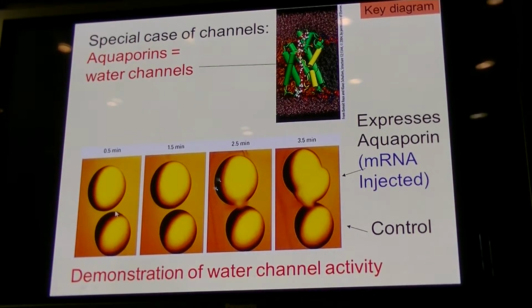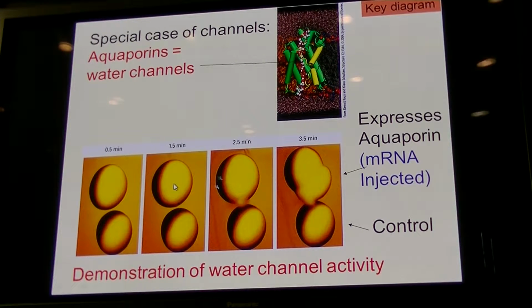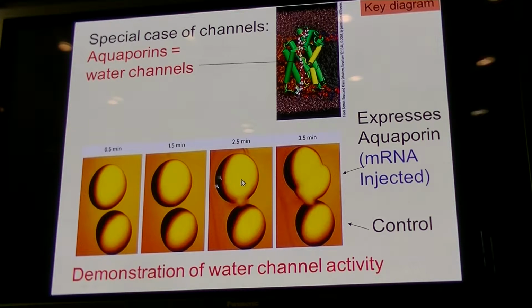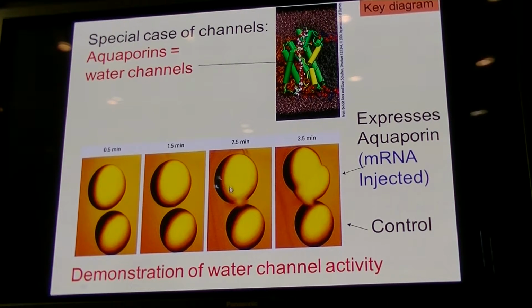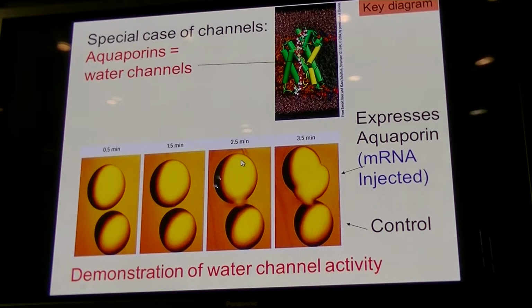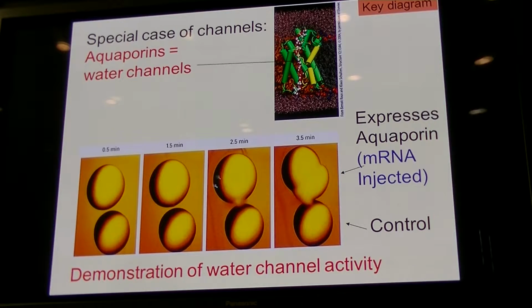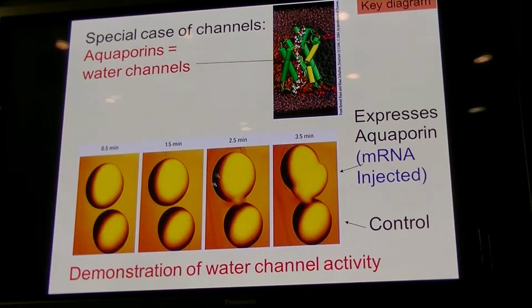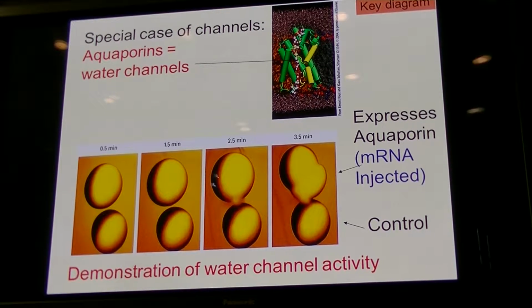But what we see is that in the top cell, it's swelling much quicker. This is a time-lapse series. And ultimately, that cell starts to burst because of all the water it's taking up. So that shows us that osmosis is quicker in the top cell that has the aquaporin expressed. Got it? So it has to be a light microscope approach here. The cells are alive, some form of normality that we're looking at.